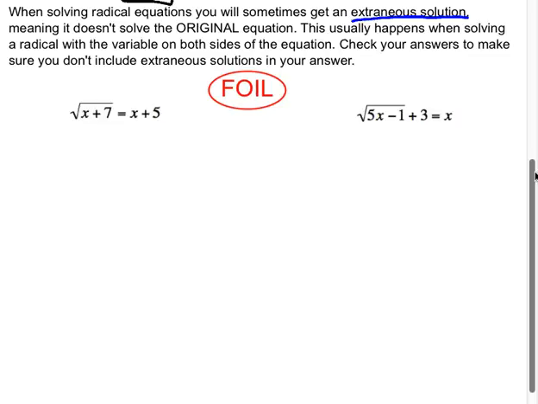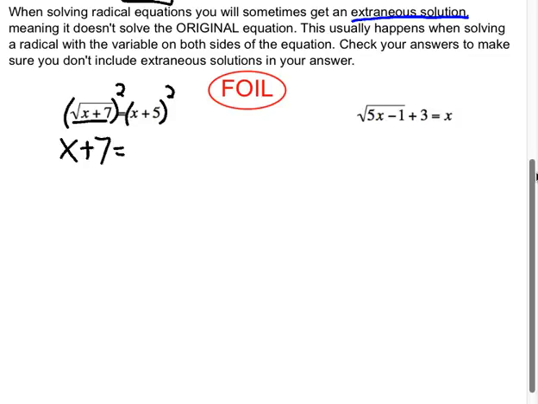So here the other trick to ones like these: my square root is already alone, okay? I don't have any issue with that. So I'm already ready to square both sides. When I square both sides, it cancels the root, so it sets free that x plus 7. However, that x plus 5 quantity squared.